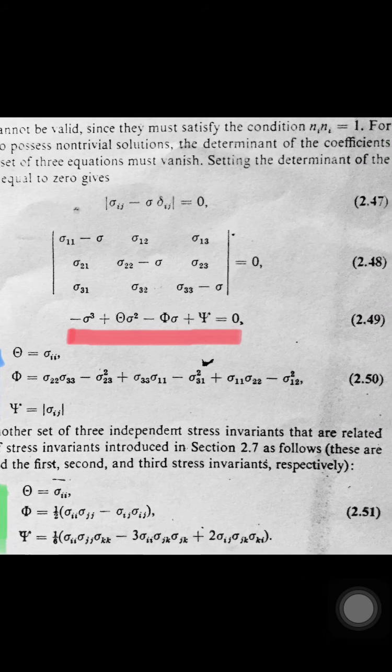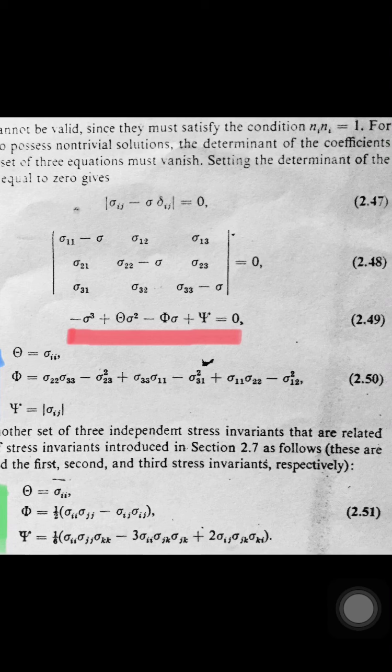This is a very important thing, because this equation is a cubic equation giving the three values of sigma which are the principal stresses. So by this equation we get the principal stresses. This is a very important equation, and we have to find all these values of theta_h, phi and psi.